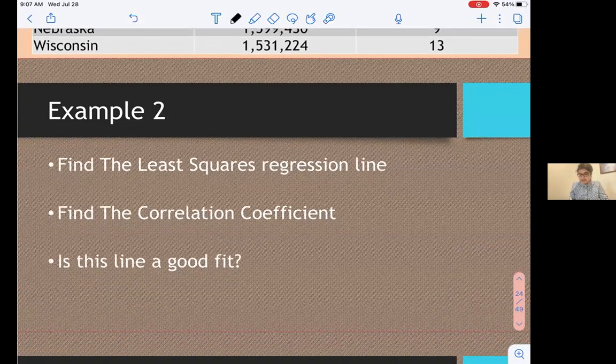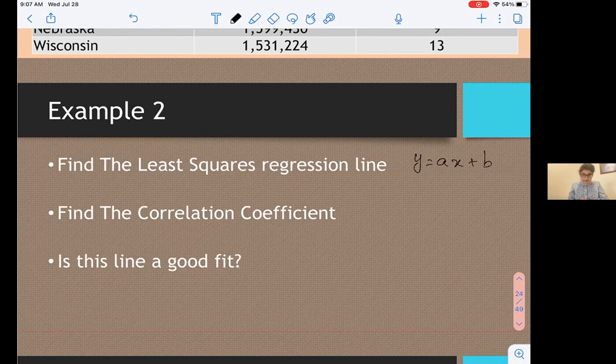That means you have to find the equation y equals ax plus b by using your calculator. Find the correlation coefficient, which is r. And by seeing the value of r, and I told you how it can be a good fit or a bad fit, you have to determine whether this line is a good fit or a bad fit.